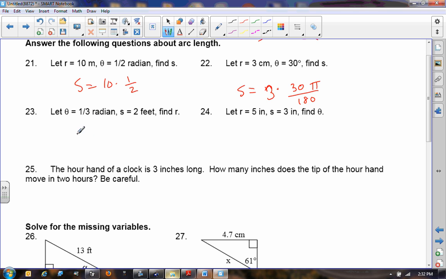So 2 equals R times 1/3. Do some algebra, multiply by 3, R is 6. Find theta, S is 3. 5 times theta. Theta is 3/5. Do some algebra.